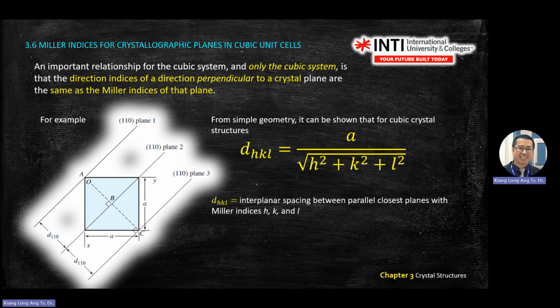You take a divided by the magnitude of h, k and l. This is just a formula. You just memorize it, and if the question gives you HKL, you just substitute accordingly.